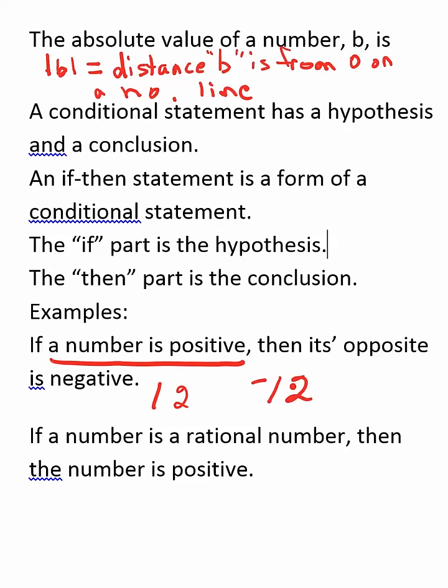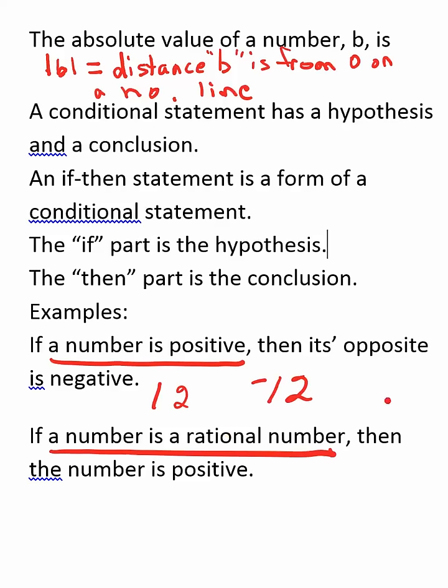The next conditional statement, the hypothesis is a number is a rational number. That must be true. So we must be talking about a number that can be written as a fraction or a terminating or repeating decimal. Then the number is positive.